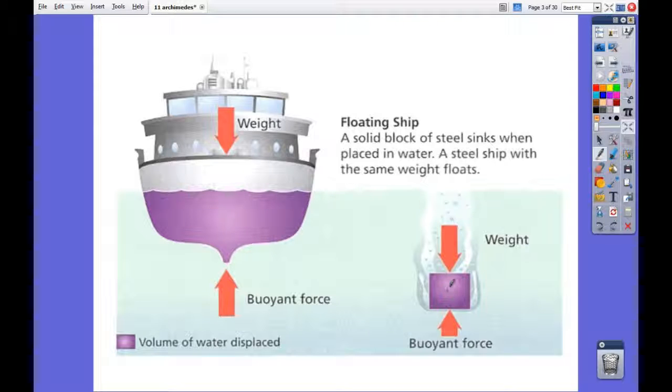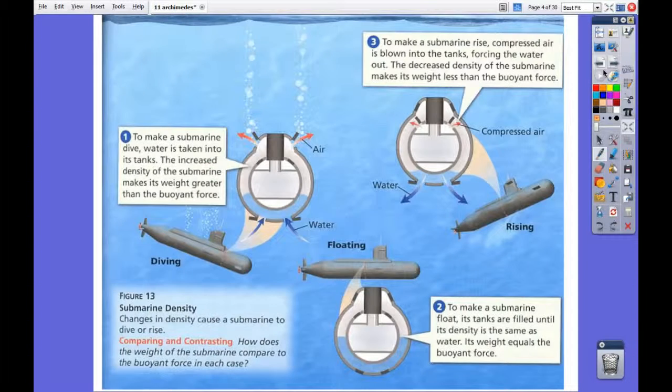Or let's say the density of the solid block of steel is larger than the water, so it sinks. But here, because the volume is large, the average density of the ship will be lower than water, and then it floats.